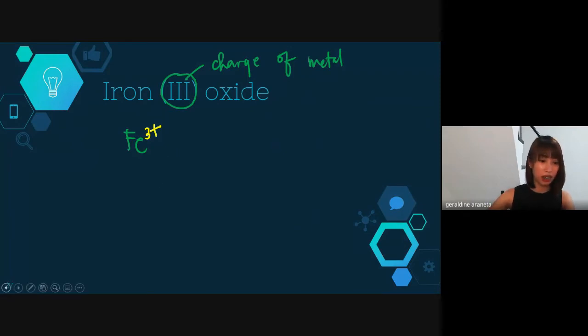Naiintindihan bakit siya naging 3 positive? Okay. So again, the Roman numerals will indicate the charge of the metal. And then we have oxygen, so that's oxide. The charge of oxygen is 2 negative.